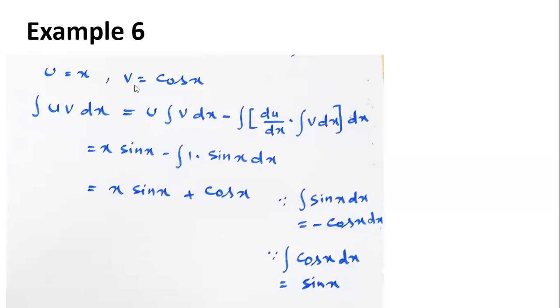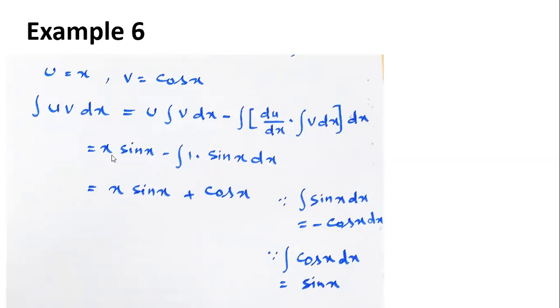Put it here, and the formula for integration by parts is the integral of u v with respect to dx is equal to u as it is times the integral of v dx minus the integral of the derivative of u with respect to x times the integral of v, whole dx. So dear students, we will use the same relation in Laplace transform on many occasions, so we can remember it.